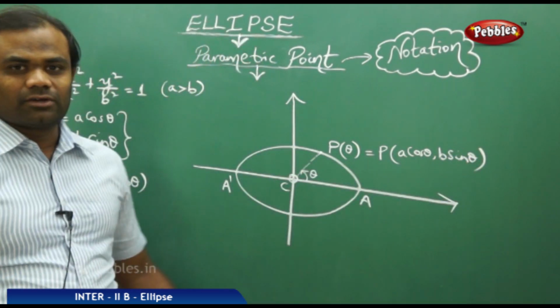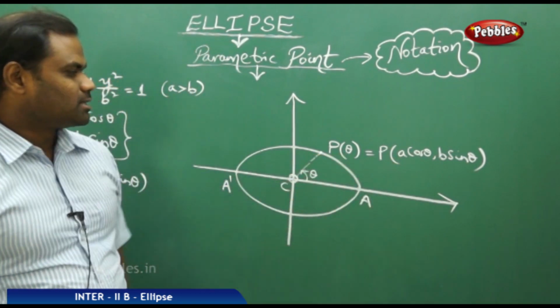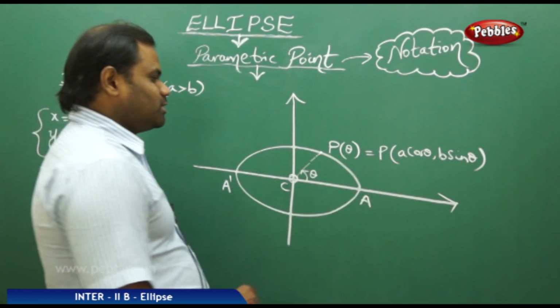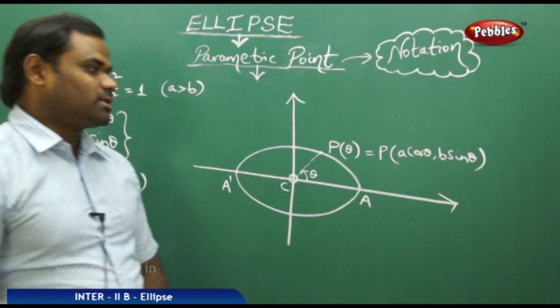So instead of writing the whole of the x and y coordinates all the time, this can be written as P of theta. So P of theta is assumed as P(a cos theta, b sin theta).